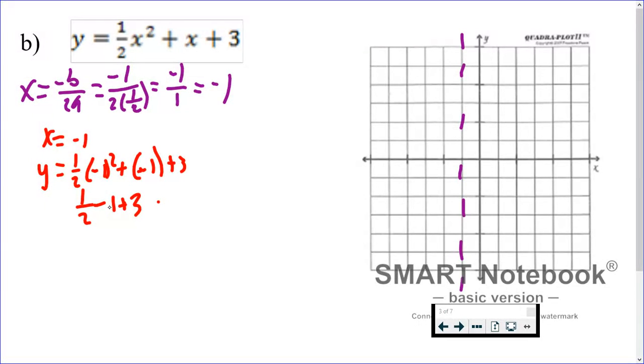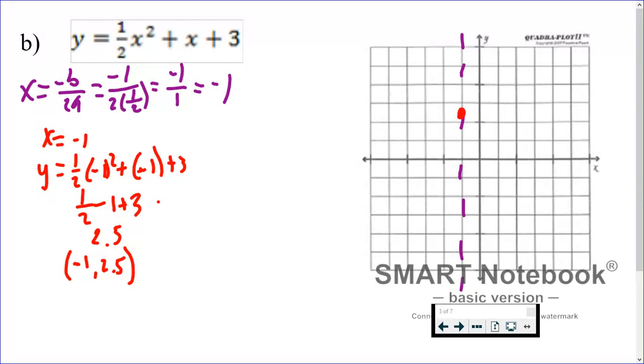So 1/2 minus 1 is negative 1/2. Negative 1/2 plus 3 is 2.5. So I'm just going to think about it as 2.5. So the vertex is at negative 1, 2.5. So okay, that's a decimal. If I go left 1 and up 2.5, I'm right here.